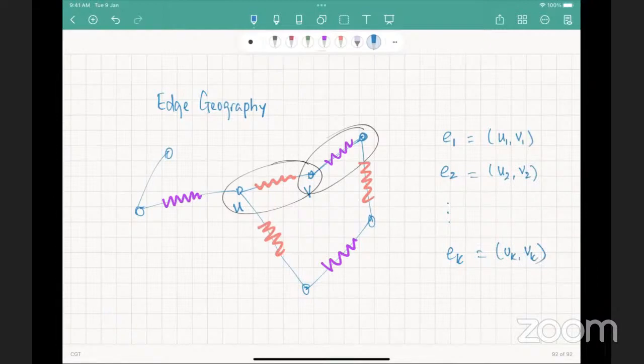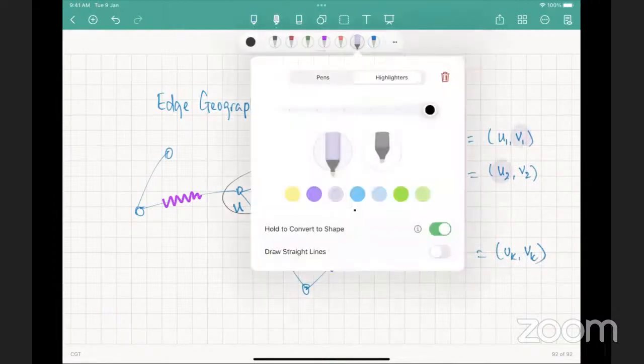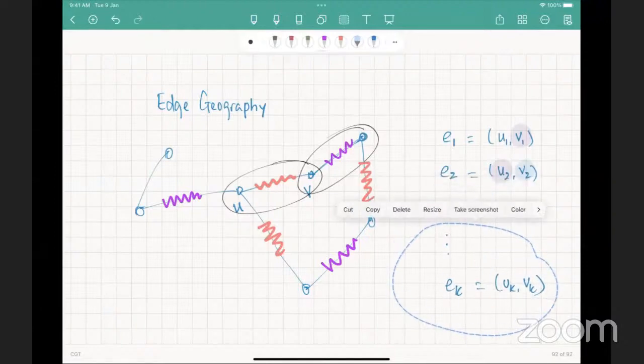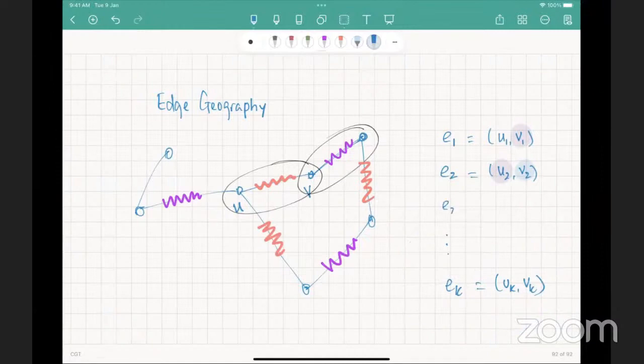What I want is that V1 is the same as U2, V2 is the same as U3, and so on and so forth. That's what it means for this to be a walk. And what I was trying to emphasize earlier is that now the Ui's and the Vi's don't have to all be necessarily distinct. So you could be potentially revisiting vertices as you go along.